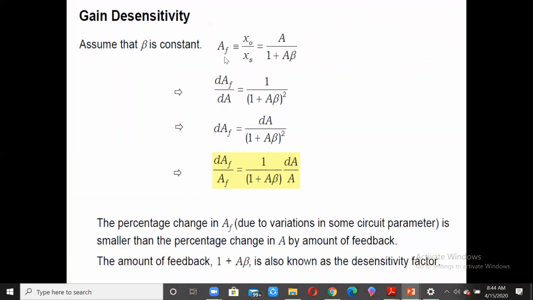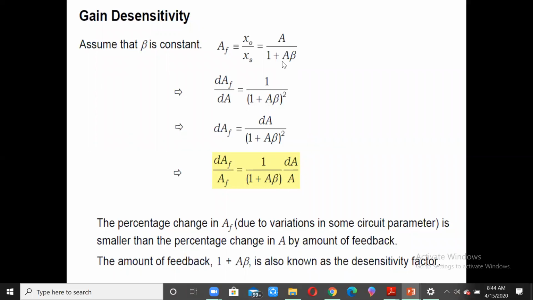So for Af, we have already written x0 by xs is equal to A by 1 plus A beta. Let us assume that beta is constant over here, and then we try to differentiate this Af with respect to A. You can consider this expression as u by v.